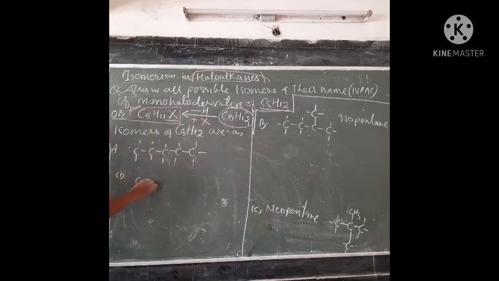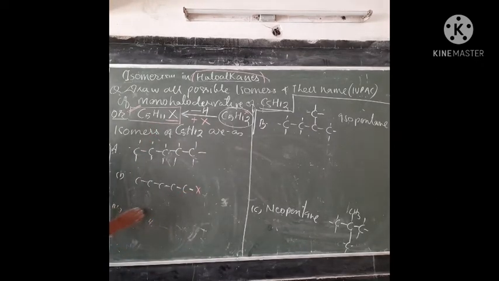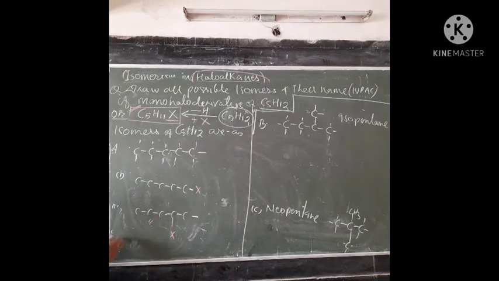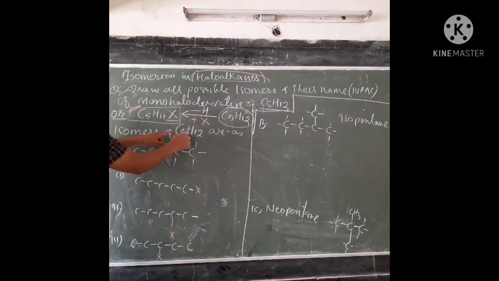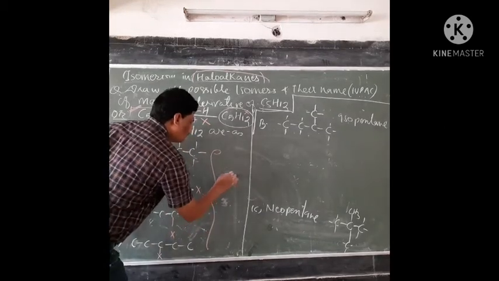First is 1, 2, 3, 4, 5 and place X here. Second is 1, 2, 3, 4, 5 and put X here. The third is 1, 2, 3, 4, 5 and put X here. So 3 isomers are possible for C5H11X if we use this one.